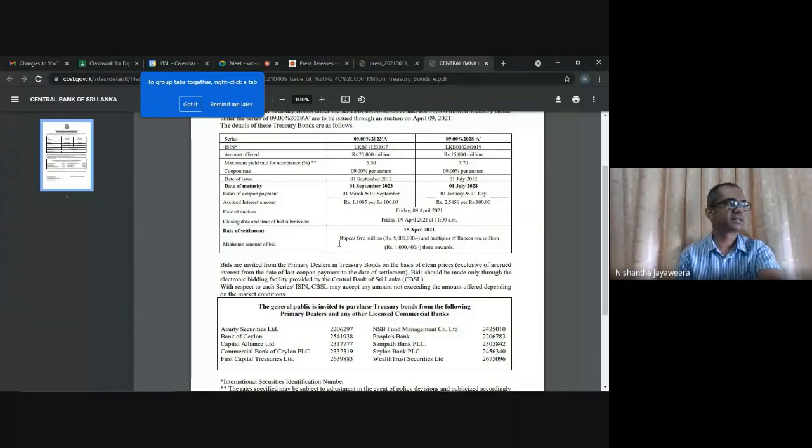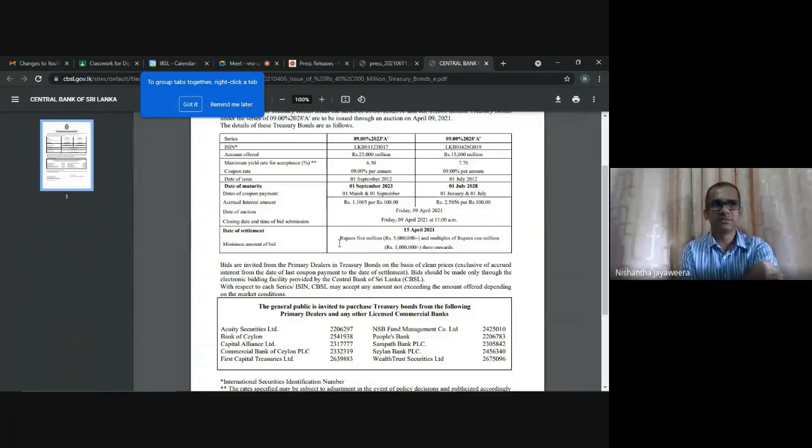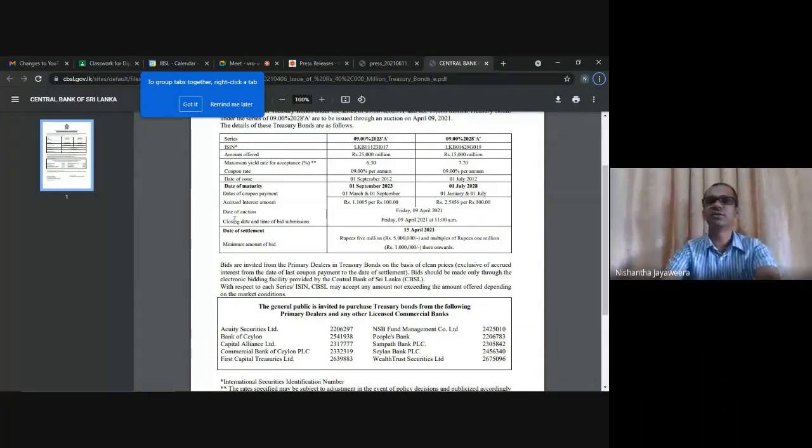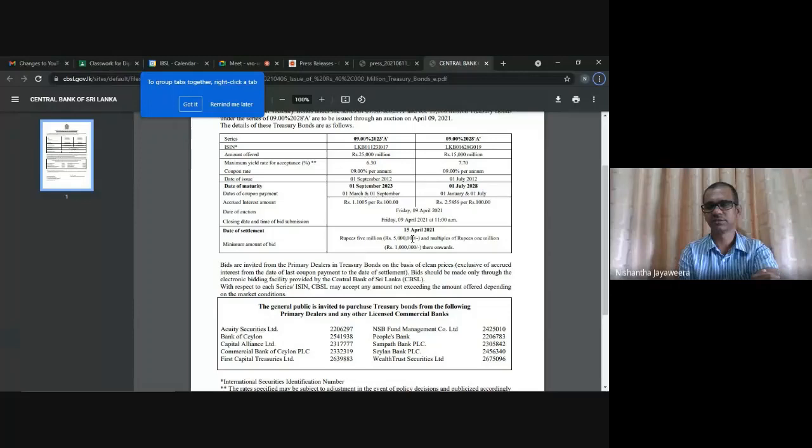Either way can be done. Yes, but you are correct. I was told, yes, they sort it according to the price. You are bidding at the price, even though they quote the maximum yield. You quote the price up to some decimal places. Yes, true.